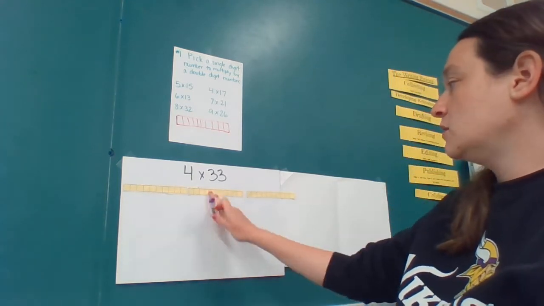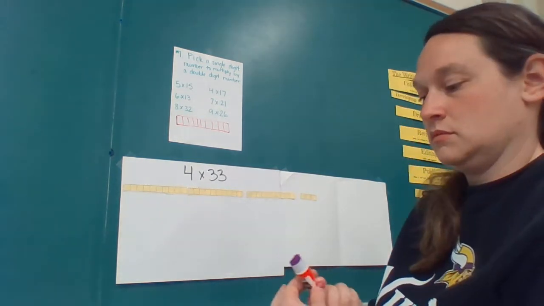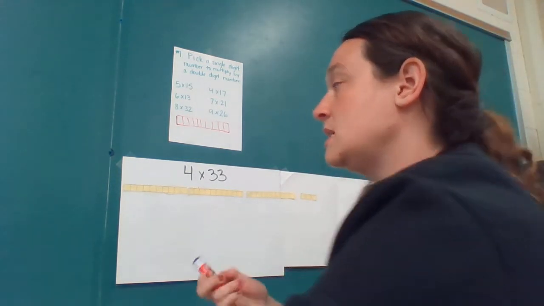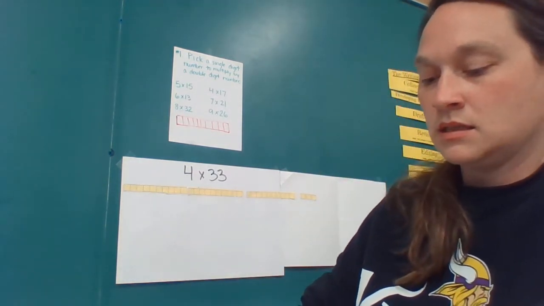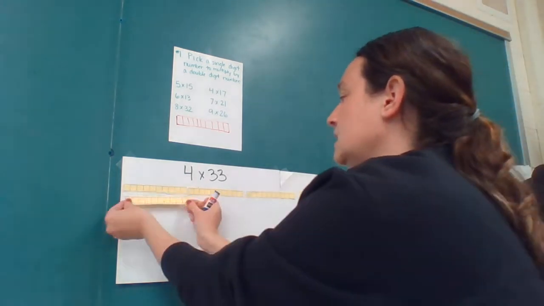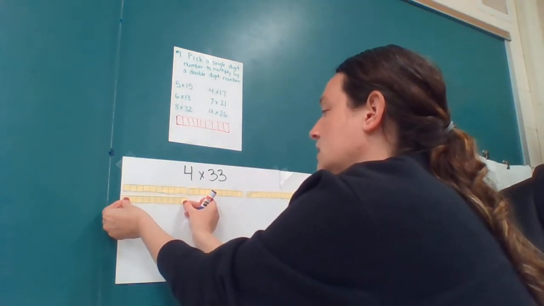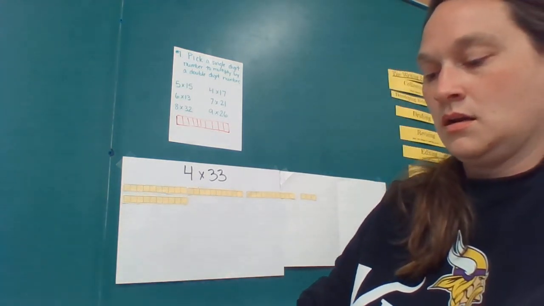And so I have 10, 20, 30, and 3. All right, now I'm going to make my next group, and I'm going to line that up just below it. So I'll have all of my 10s together, all of my 1s together. 10 there.